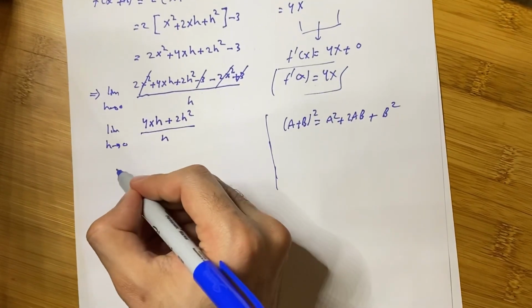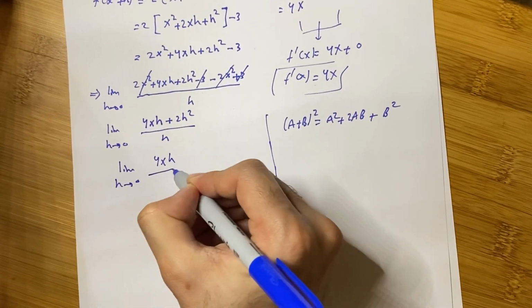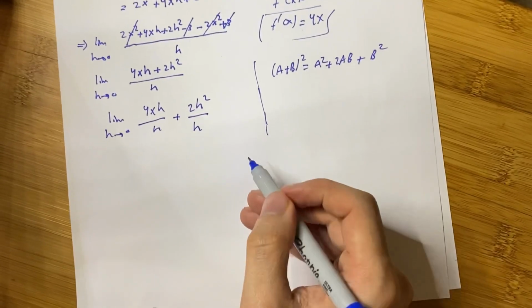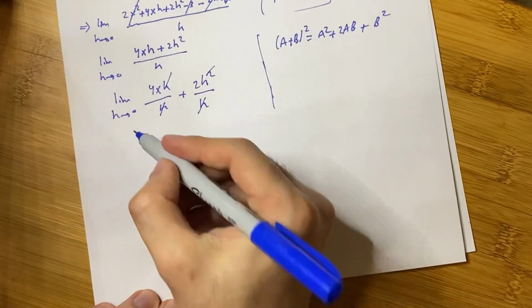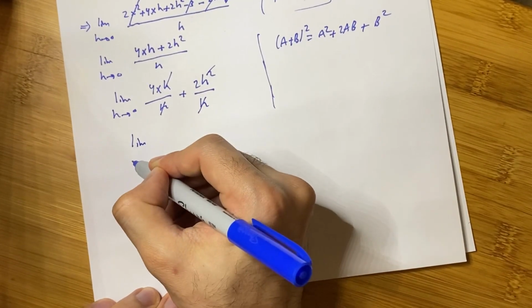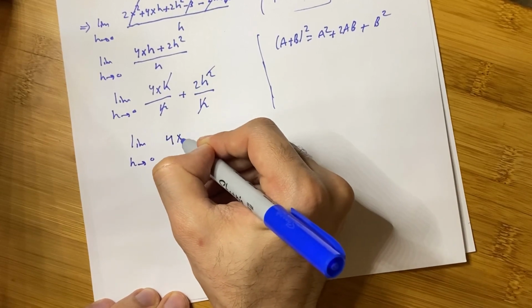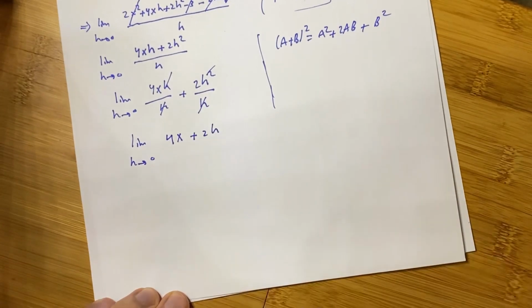And this can be written this way. To simplify, we will end up with the limit as h goes to 0 of 4x plus 2h.